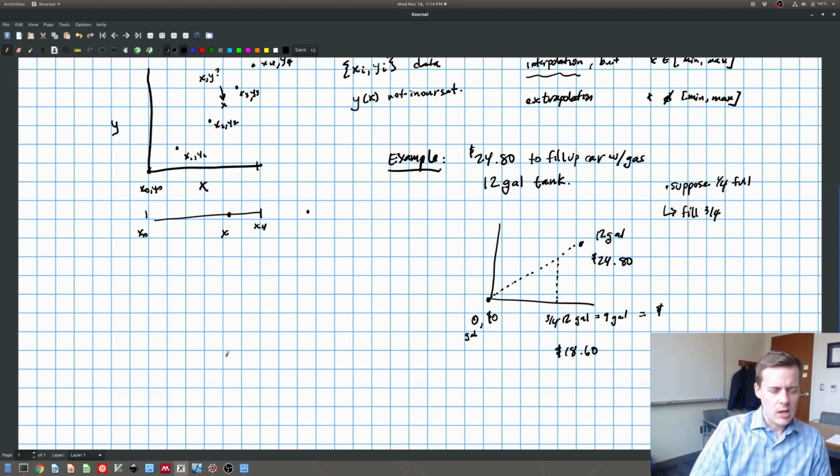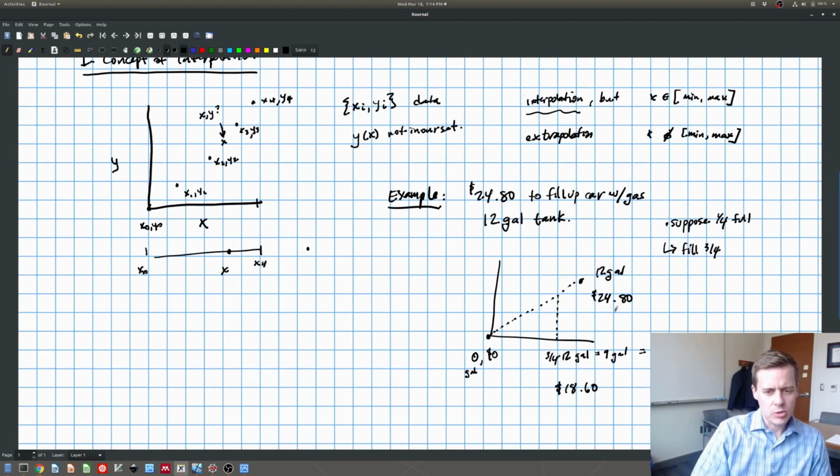If you notice in our example here, and maybe as I've drawn here, usually what you want is some kind of smooth function that goes through all the data. So you might want something that's smooth, that goes through all of these points like this. So I'm going to write that down.